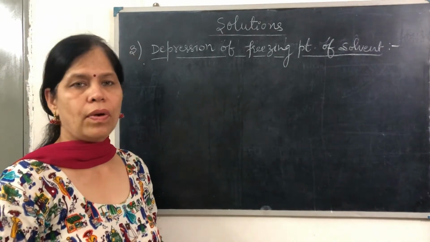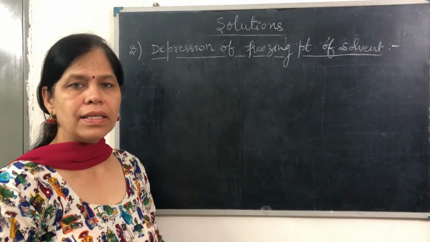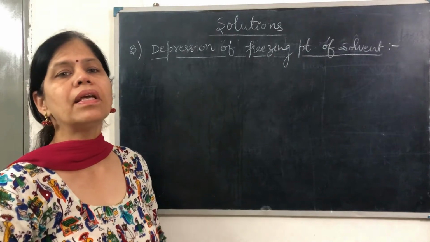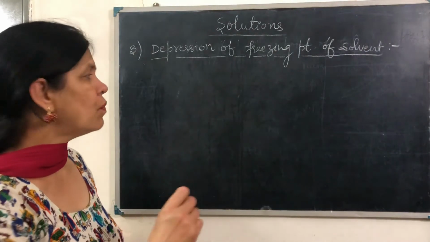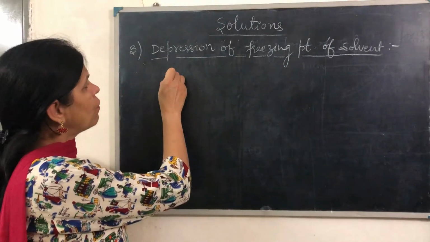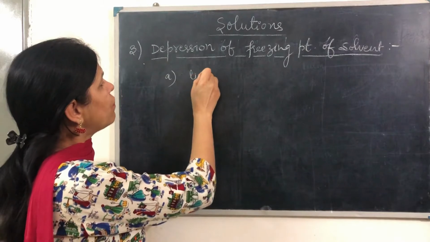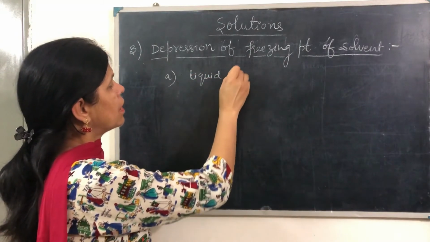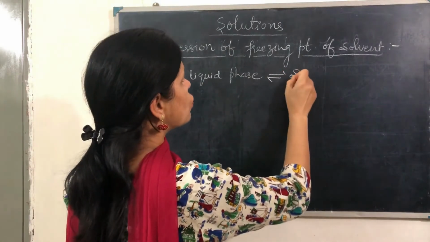At freezing point, solid phase is in dynamic equilibrium with liquid phase of the substance. So there are two phenomena which are happening here. First one is, I'll say, when liquid phase of the substance is in dynamic equilibrium with solid phase.